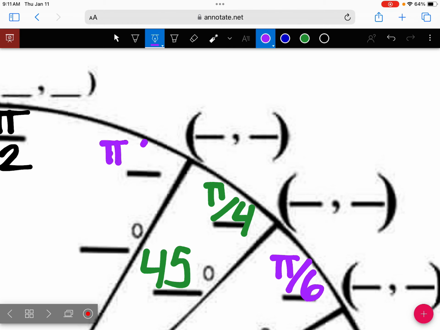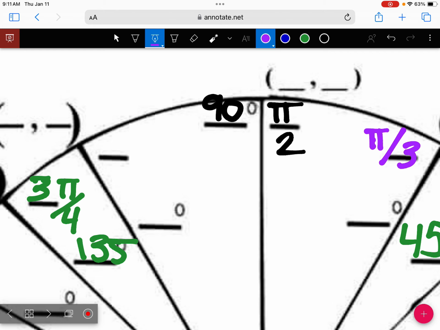Or 2 pi over 6. I don't really care, but I prefer pi over 3. So then it's 3 pi over 6, which would simplify down to pi over 2. So we're back here. 4 pi over 6, also known as 2 pi over 3. Yep, there we go. Starting to see some patterns here.